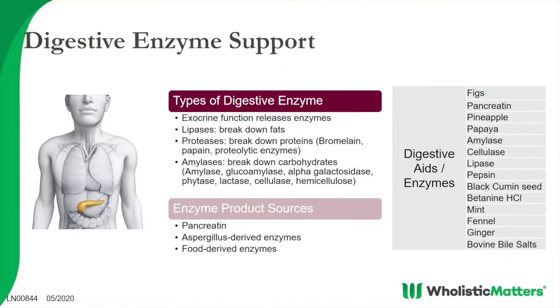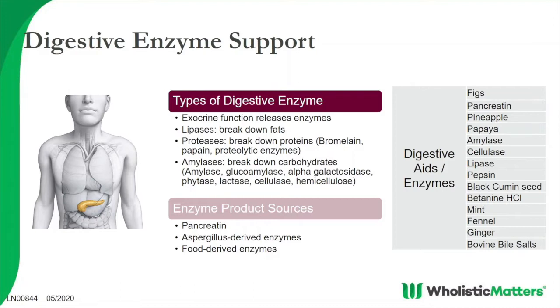For digestive enzyme support, there's quite a few different types that are helpful. You can just look even at the types of these digestive enzymes once again, but looking at them a little bit further at what exactly they are capable of doing.